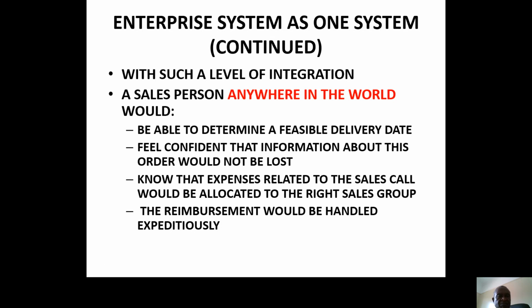Such a system, for example, would enable a salesperson, a marketing person, or any other employee to do his or her business anywhere in the world. Why? Because they can always access the system and use it. For example, a salesman will be able to determine the feasible delivery date, because the system can always tell him or her.